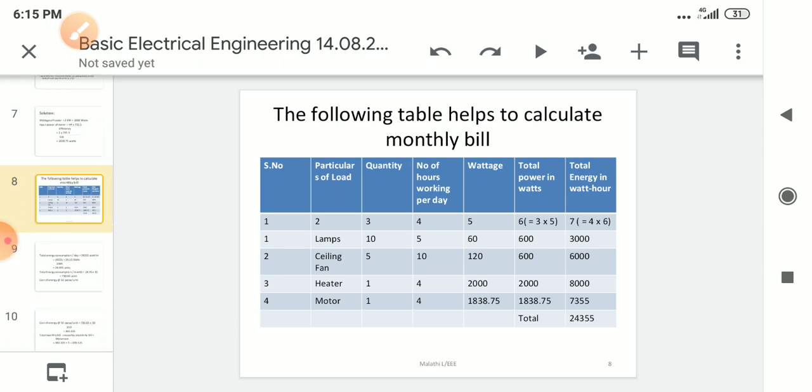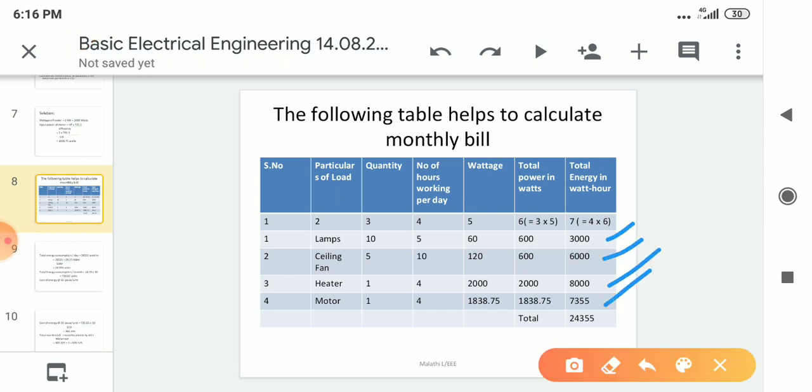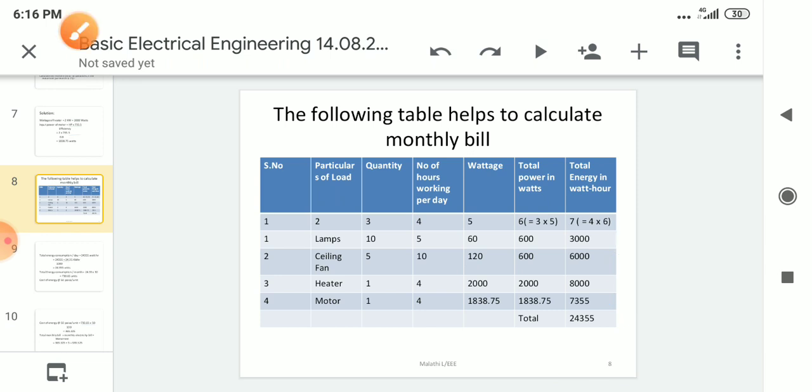After that, we add this 3000, 6000, 8000 and this. This gives the total watt hours. But our standard unit is kilowatt hour. That's why we have to divide this by 1000.